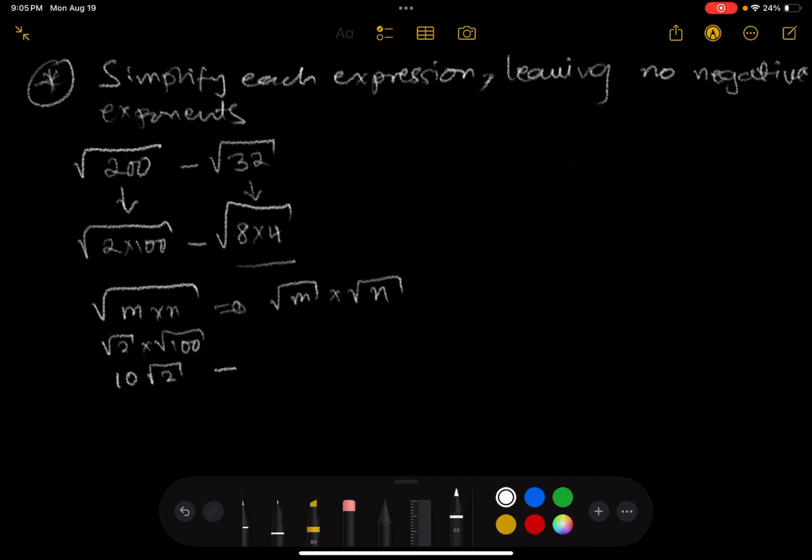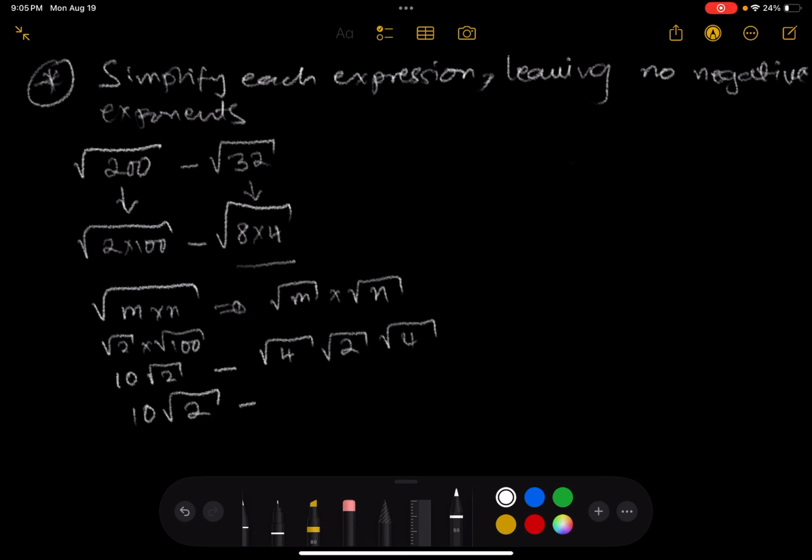minus, now let's look at the remaining side. You could have used the 16, but I used the 8, so you could say the square root of 4 times the square root of 2, that's the 8, which is 4 times 2, then times the square root of 4. I went the longer way.